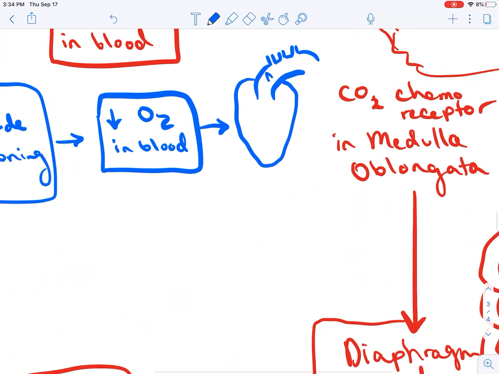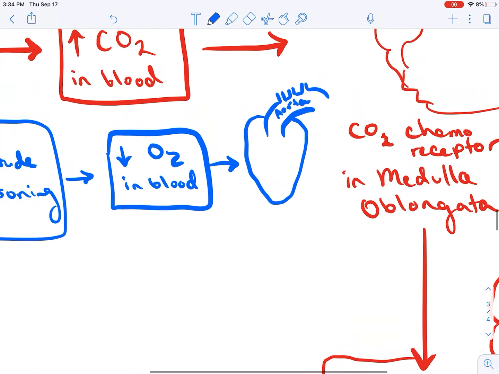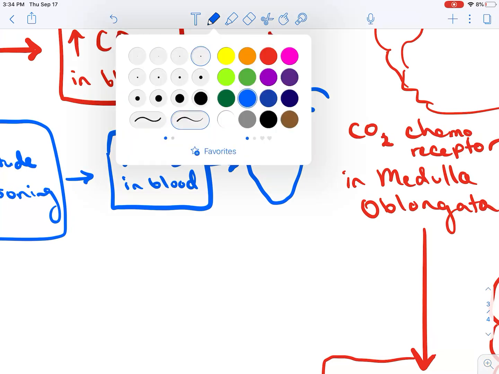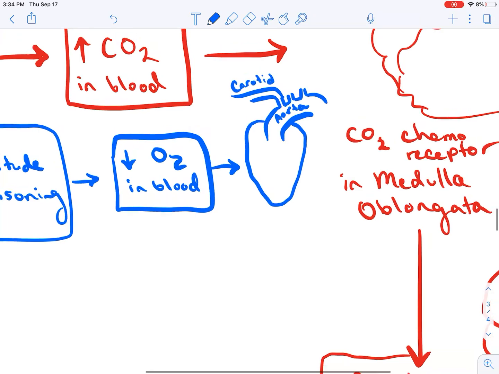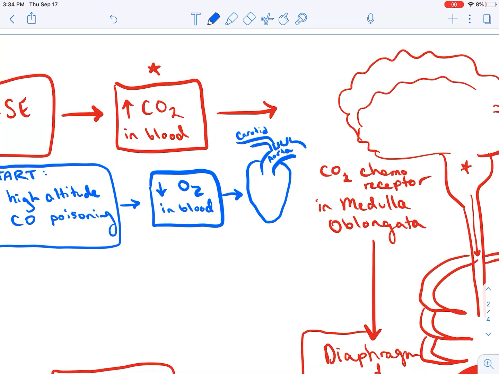Just going to zoom in here. So your aorta, and it could also be in your carotid artery. But mainly that oxygen is going to get sensed in your blood vessels.